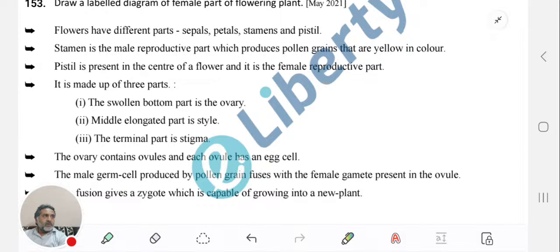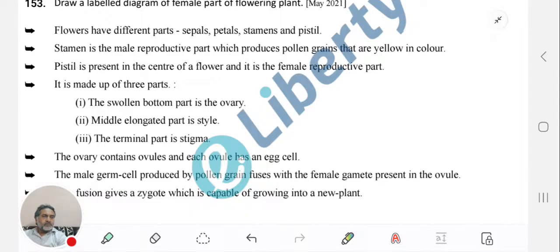Pistil is present in the center of a flower and it is the female reproductive part. It is made up of three parts: the swollen bottom part is the ovary, the middle elongated part is the style, and the top part is the stigma.